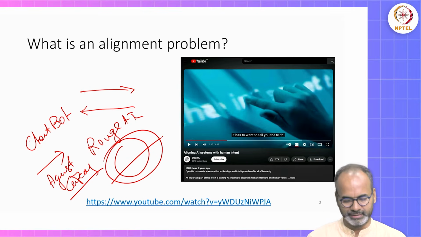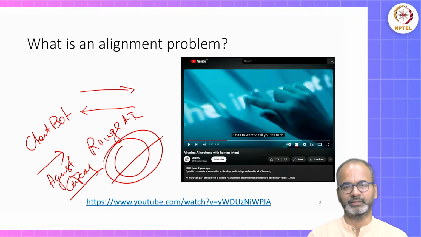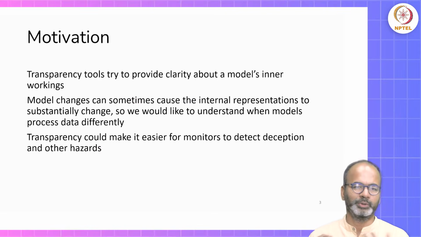That's the idea. And we want to do all of these, interpretability, transparency, and probing: interpret the models and see what the models are doing, making the models transparent. All of these ideas are built on this broader theme of making the alignment between the system and the user better.